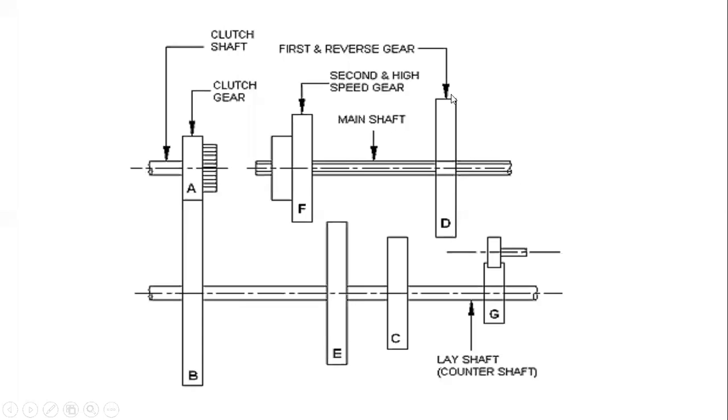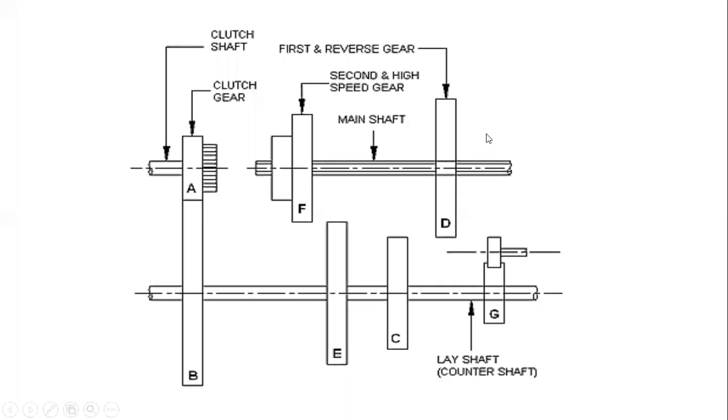Now, when I am going for applying the first gear, I will have a certain sliding arrangement and I will be pushing this gear D such that it makes an engagement with gear C. So this gear D can be slid in the leftward direction so that it is in contact with gear C. Are you getting it?